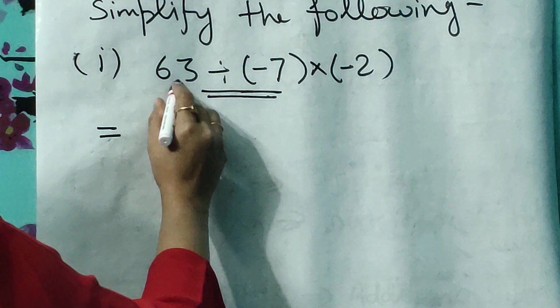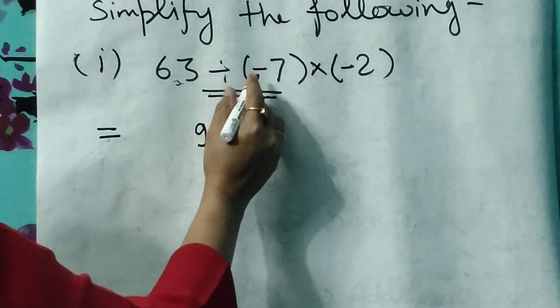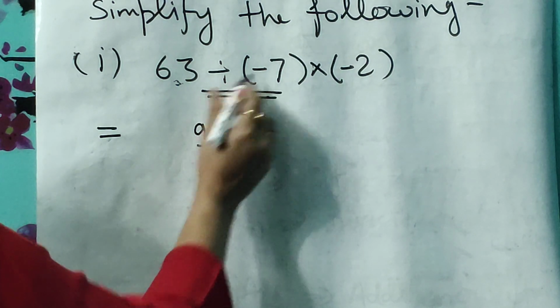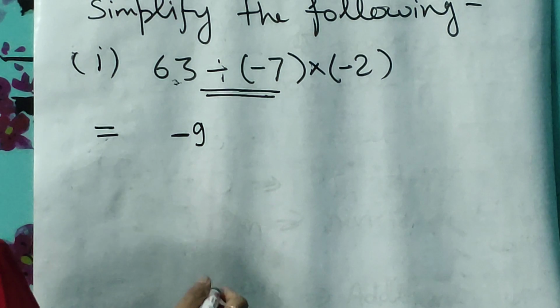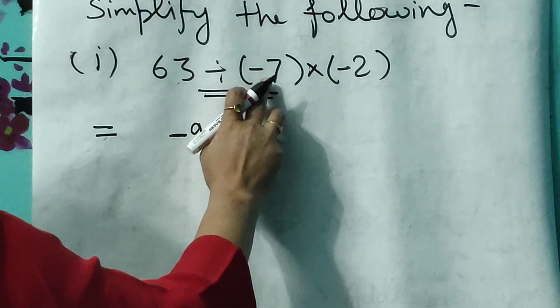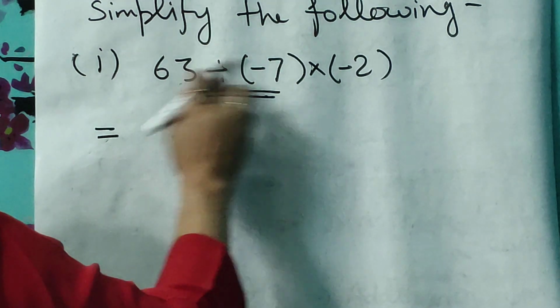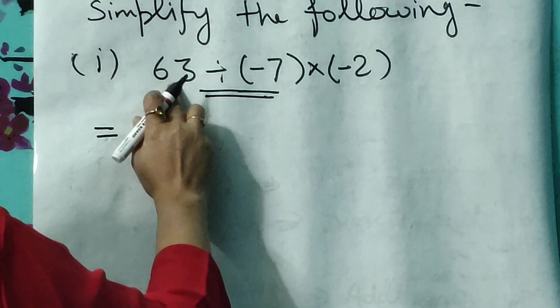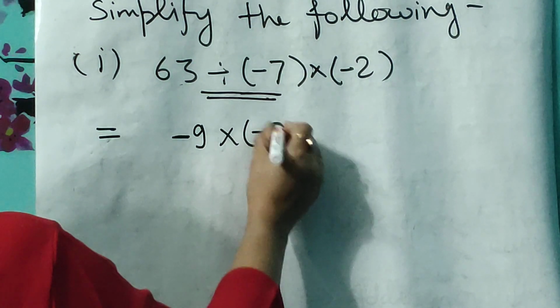7 nines are 63, and when a positive number is divided by a negative number, the answer will be negative. You have already learned this in division of integers. So 63 divided by 7 is 9, giving minus 9 into minus 2.